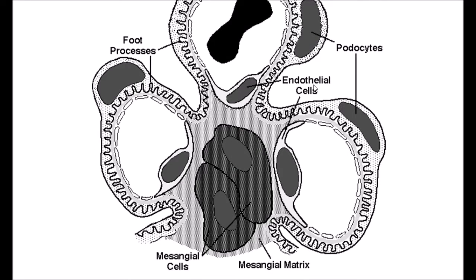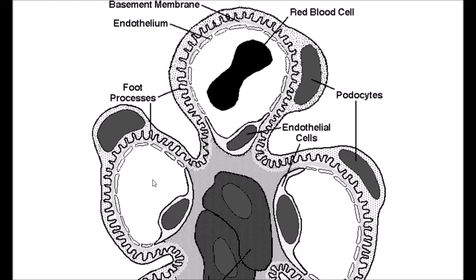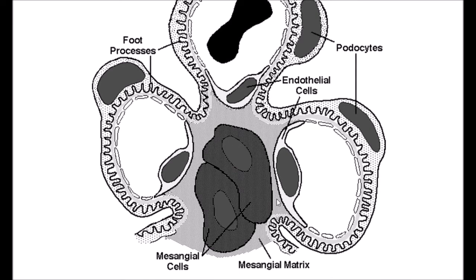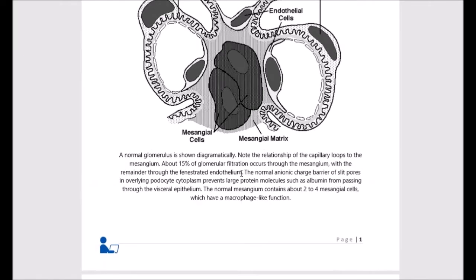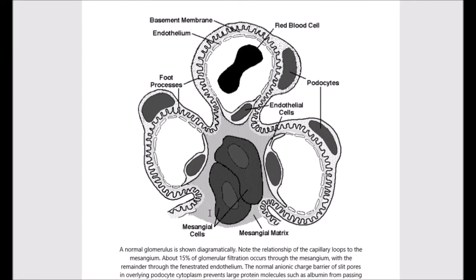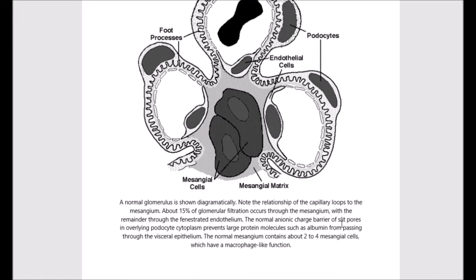Outside of these three lumens, or three capillary tufts of the glomerulus, the in-between areas are very important areas that we call the mesangium, which contains some mesangial matrix and some mesangial cells. So what is written here? A normal glomerulus is shown diagrammatically. Note the relationship of the capillary loops to the mesangium.